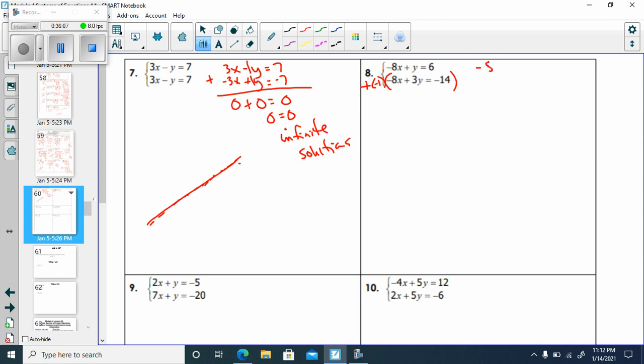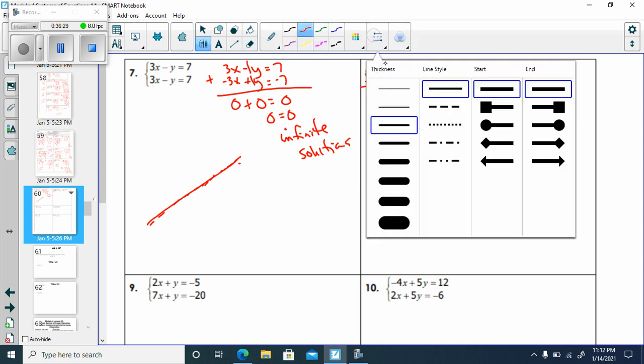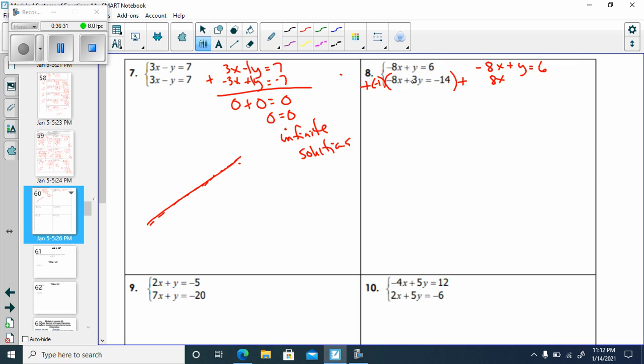Let's start with what's here. Negative 8x plus y is equal to 6. Negative 1 times negative 8 is a positive 8. And remember, we're adding these, okay? I don't need to put a positive in front of it. I'm adding the 8x. Negative 1 times 3 is negative 3y.